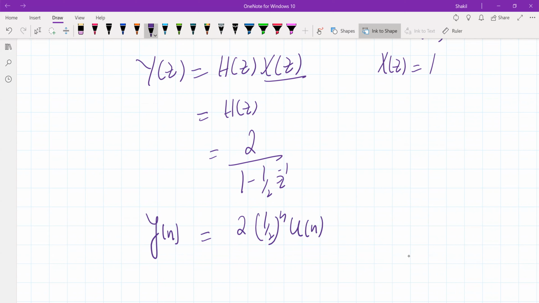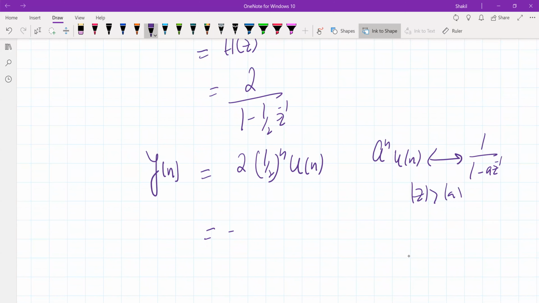If you assume this is the z transform of 1 by 1 minus a z inverse, and the region of convergence is greater than a, you get this. You can also say this is equal to minus (1/2)^n u[-n-1] if you assume the region of convergence is less than a.